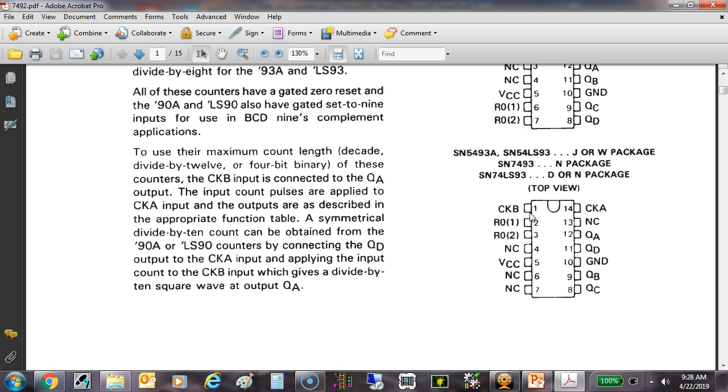And then we'll hook up a circuit in the lab. See what we need to do there.